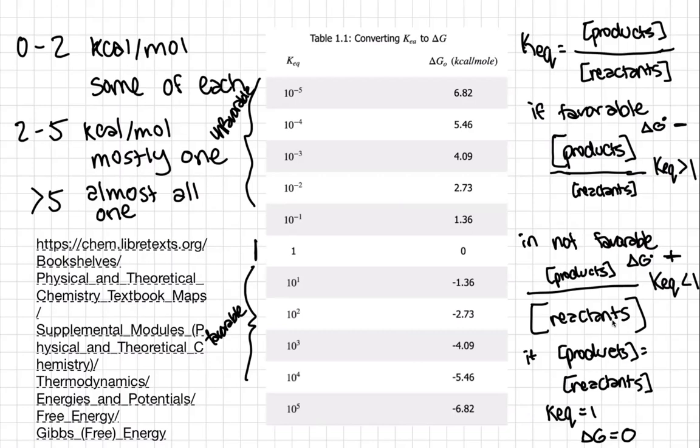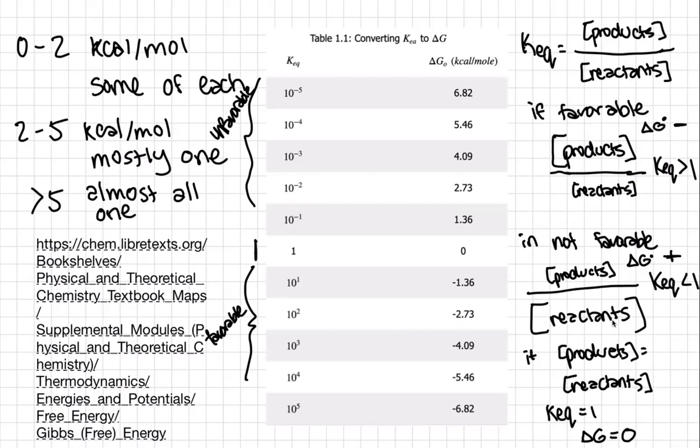And we can think about how much more by thinking in terms of that KEQ. So if we had a delta G naught of minus 1.36 kilocalories per mole, then we would have 10-fold more of one of them. And since it's negative, we'd have 10-fold more of our product. And if we had 100-fold more of our product, then we would have a delta G naught of minus 2.73.